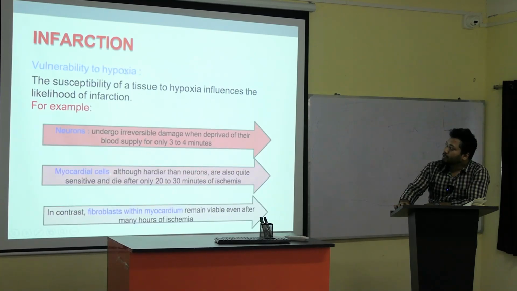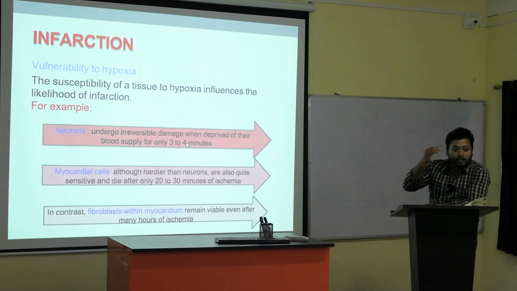Then there is vulnerability to hypoxia, susceptibility to hypoxia. The tissue's susceptibility to hypoxia influences the likelihood of infarction. Neurons undergo irreversible damage when deprived of blood supply for only 3 to 4 minutes.